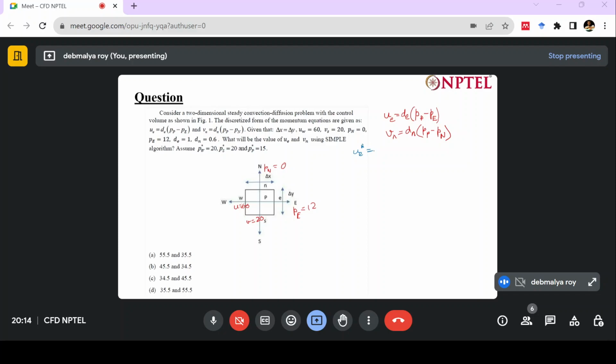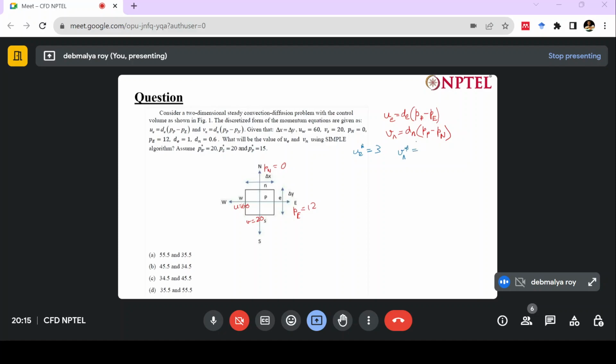So 15 minus 12, that is 3. So UE star is 3. What about Vn star? Rest of all the velocities are given. As you can see, Vn and Ue are the only unknown velocities. The rest two velocities are already given.